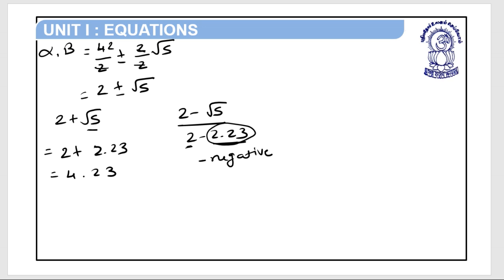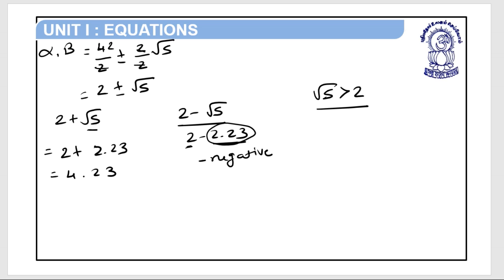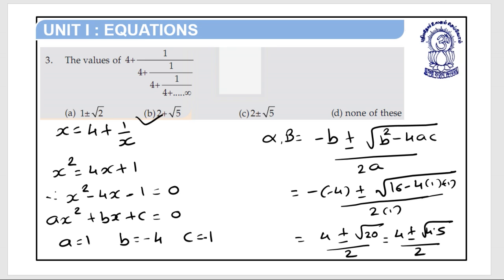Since the answer is not in negative form, and root 5 is greater than 2, the answer is only 2 plus root 5. Answer is B.